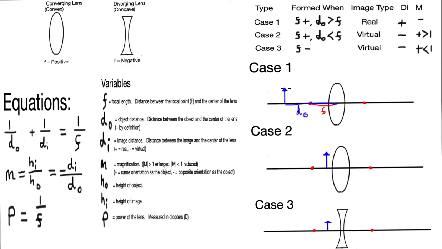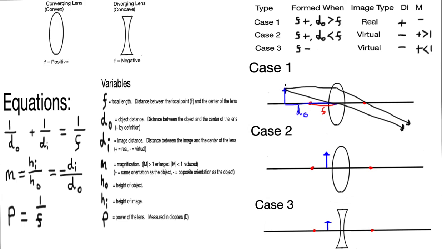For case 1, we draw our first line, which goes parallel until it hits the lens. When it hits the lens, it converges onto the focal point, so it comes down through the focal point. That's our first ray. Our second ray goes straight through the middle of the lens and just goes straight all the way through.